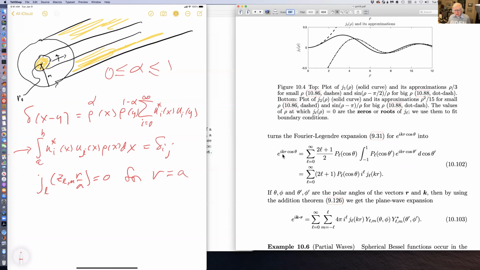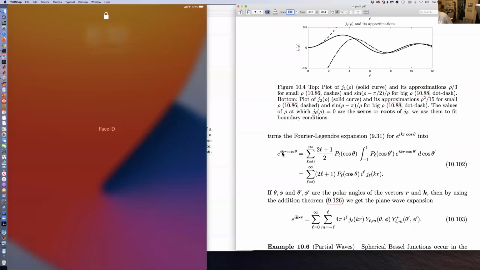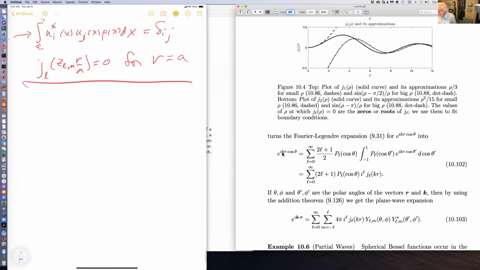This thing up here is really e to the i k dot r. In other words, e to the i k dot r is, of course, e to the i length of k, length of r, cosine of the angle between them.